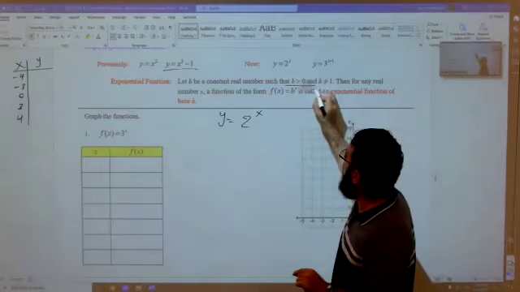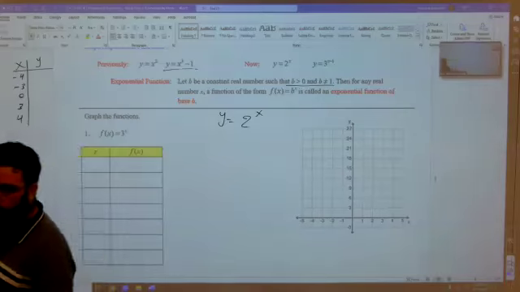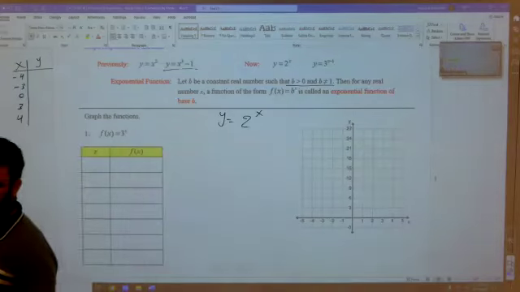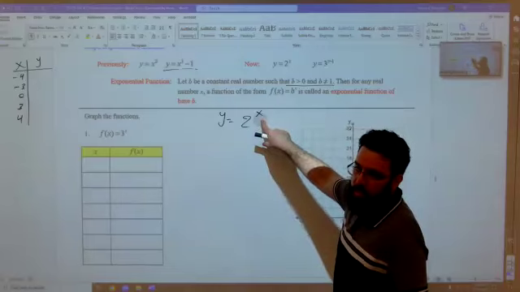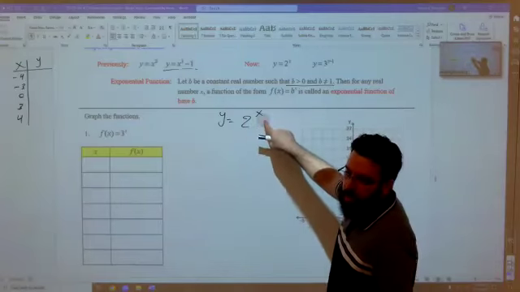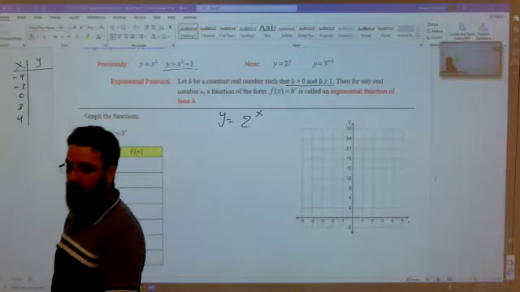This is an important condition. The base is a positive number when we graph it. We have a base and an exponent, and our exponent is a variable.